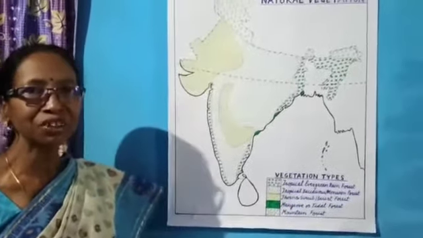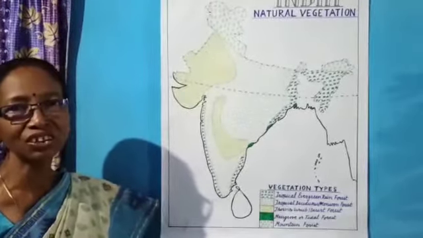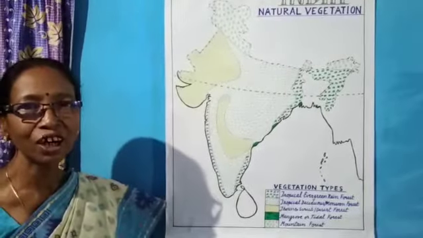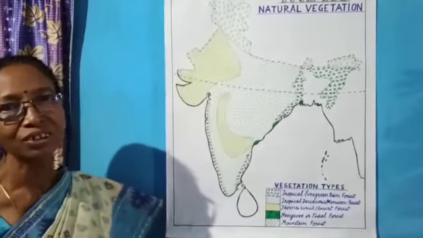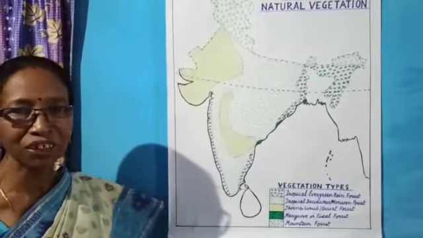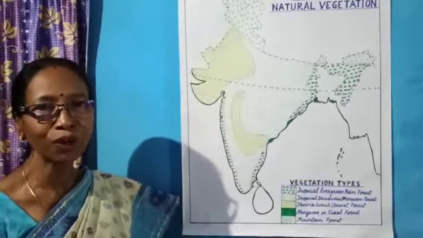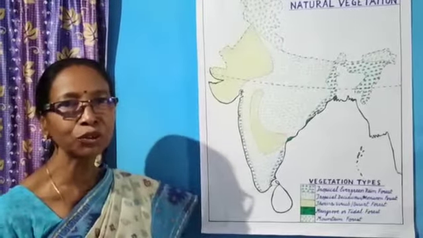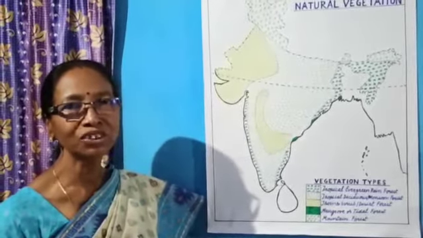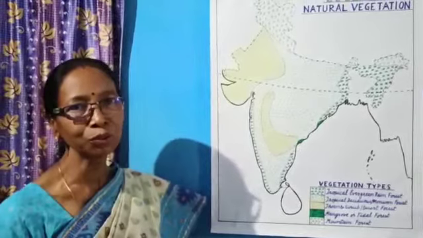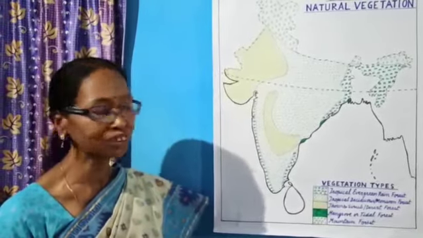They can adapt to drought conditions because they have long roots to draw water from the deep interior. They have fleshy stems to store water, and they have thorns to reduce transpiration and also to protect themselves from animals.